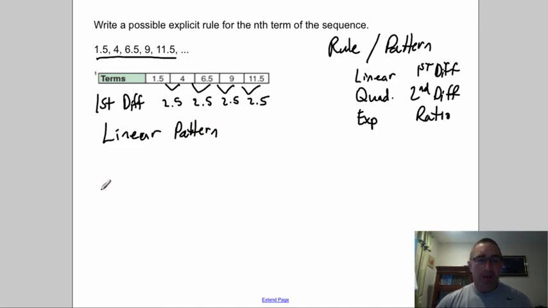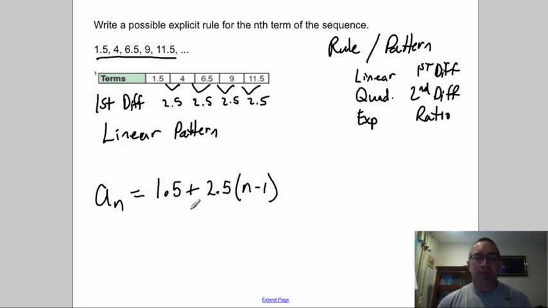With a linear pattern, to get the formula, you know you're going to have the first term, and then we're going to add in that first difference always times n minus 1. This will always work for linear patterns. So again, to get this, what I did was I took the first term, let me write it this way.